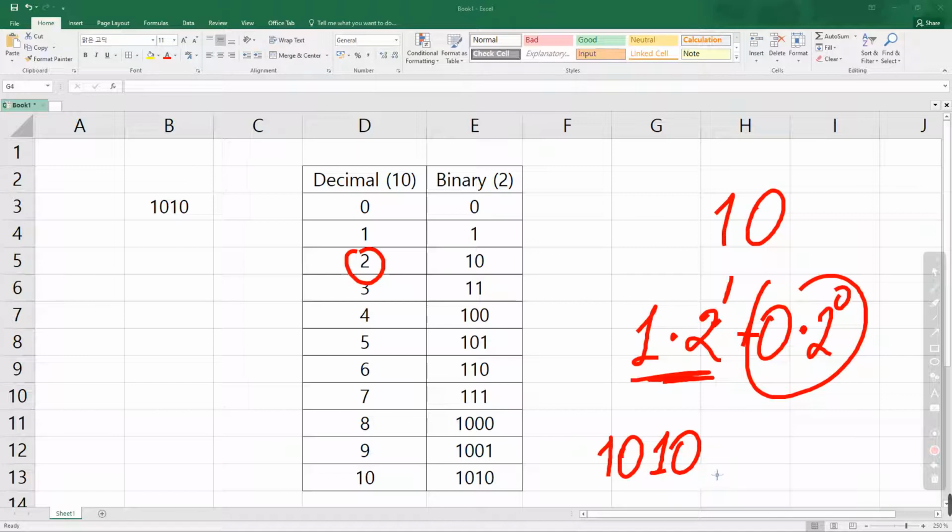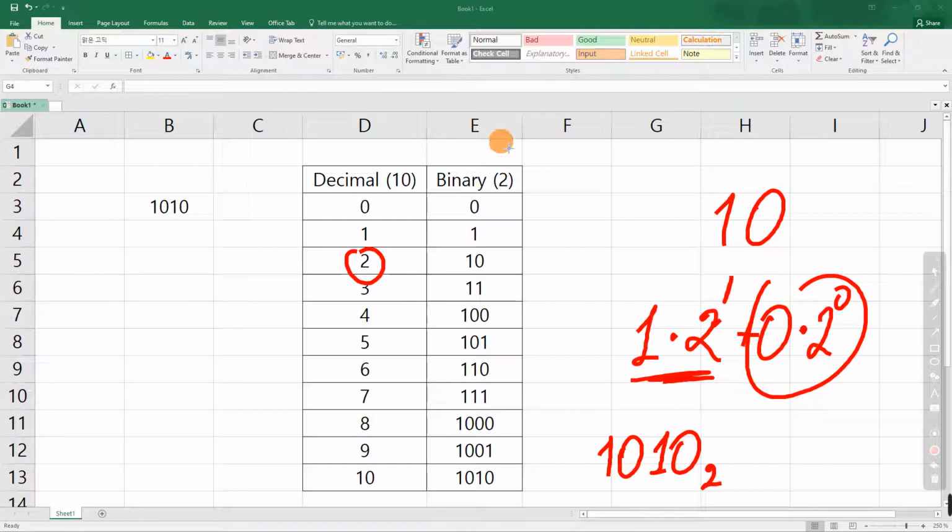So better to write 2 here in a subscript, so that another engineer will understand that this is a binary system, but nothing else. If you write this without a subscript, then an engineer will read this as one thousand ten, not 1010 in binary, okay?